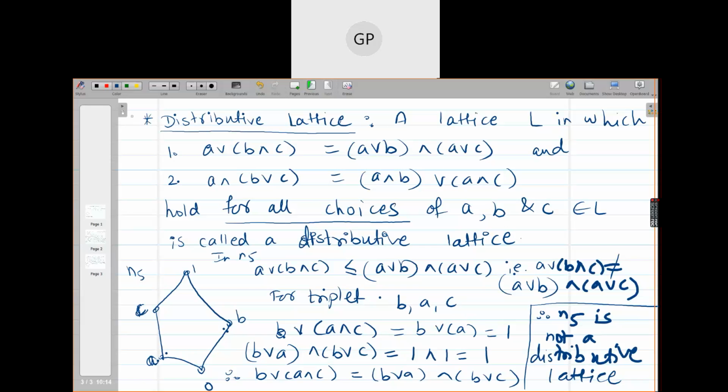Now we will have one example of a distributive lattice. For distributivity, how many elements are required? Can you tell me, girls? How many elements are you choosing? 3 different elements, right? Now another example I am taking.